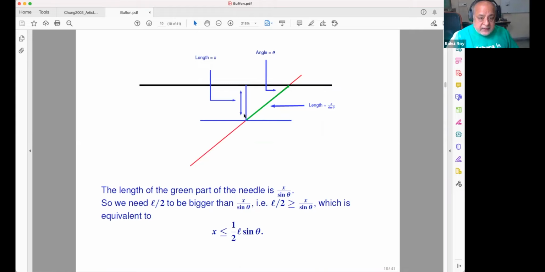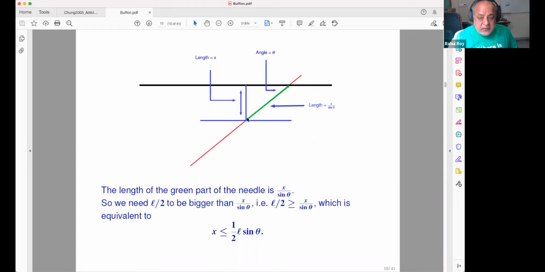And because this is x and this is theta, therefore this length is x over sine theta, just by simple trigonometry. Therefore, for the needle to cross a line, L over 2, which is the half length of this needle, must exceed x over sine theta.